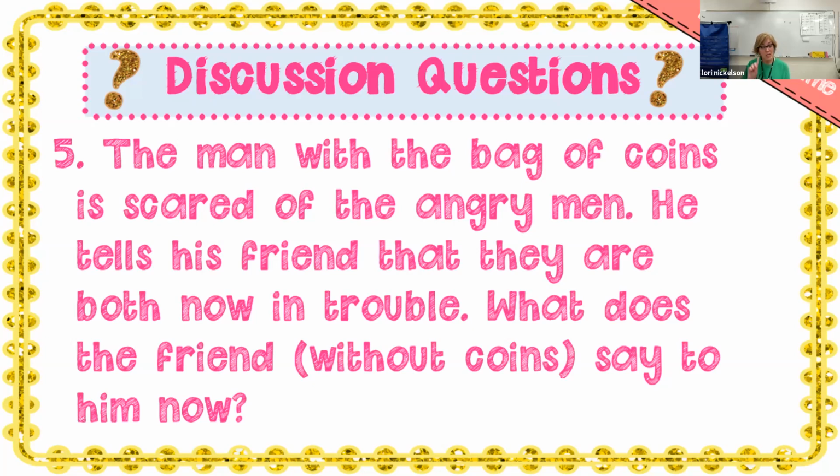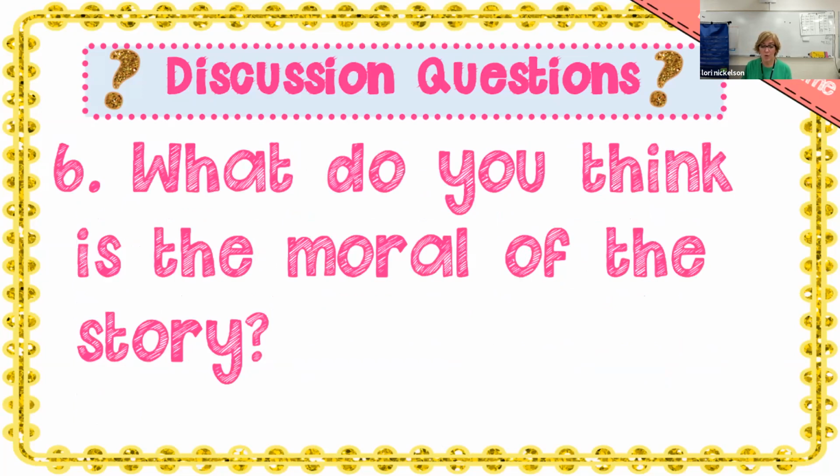He says, I'm not in trouble. It's you, because those are your coins, not my coins. That's all you. Because his friend was trying to say, oh, we're in this together, right? And he's like, nope, because you wouldn't share, so I'm not taking responsibility. What do you think the moral is of this story? To share, right? And not be greedy.